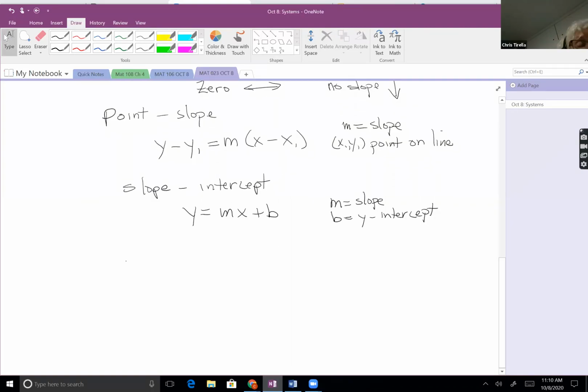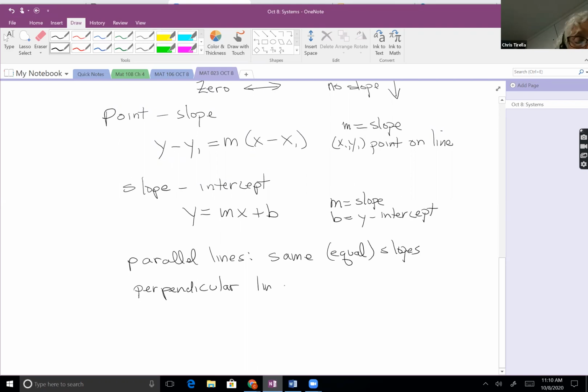In addition with slope, we said that parallel lines have the same slope, the same or equal slopes. And we said that perpendicular lines, the slopes are negative reciprocals.